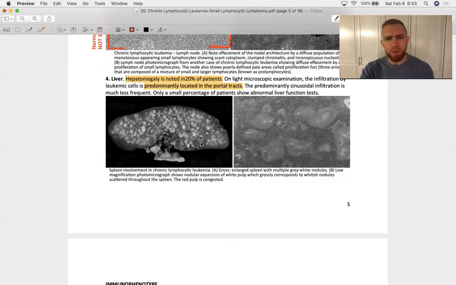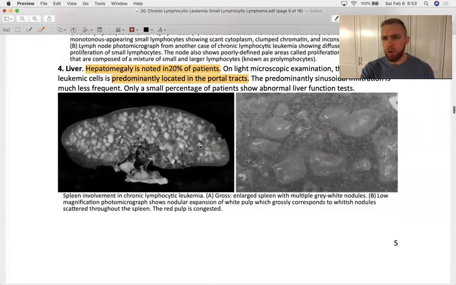So if that's the spleen, understand that the liver, also a hematopoietic organ in severe cases, can be involved too. And in about 1 out of 5 patients, there is a palpable hepatomegaly. And you would see lymphocytes in the portal tracts in that scenario. Remember that the liver's got portal triads consisting of a hepatic venule and an artery and then a bile duct as well.